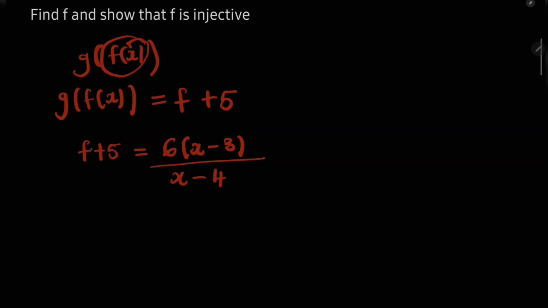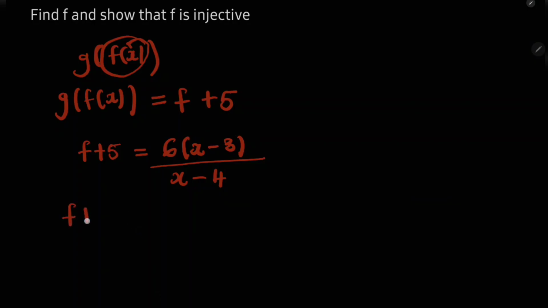So now we are going to make f the subject of the formula. Since we are looking for f of x, I've just put it as f. If we were looking for x, we would make x the subject of the formula, but here we are looking for f of x, so we simply make it the subject. But first, let me simplify this.